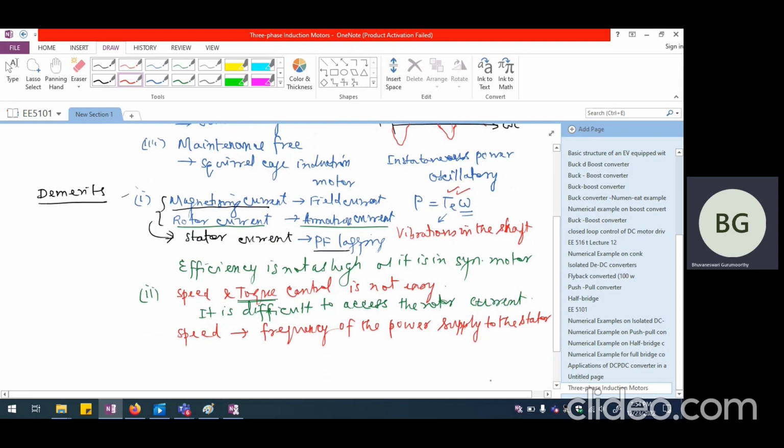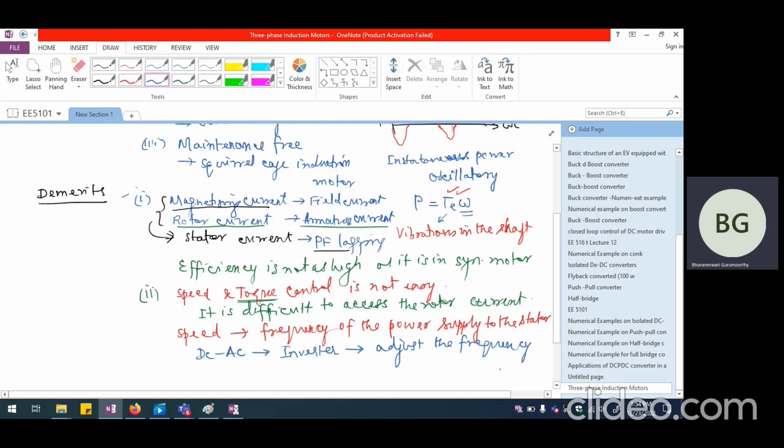That is pretty difficult in the case of a three-phase induction motor unless we have an inverter, a DC to AC converter. The inverter is the only thing which can vary or adjust the frequency as per our requirement, which will allow the speed control.